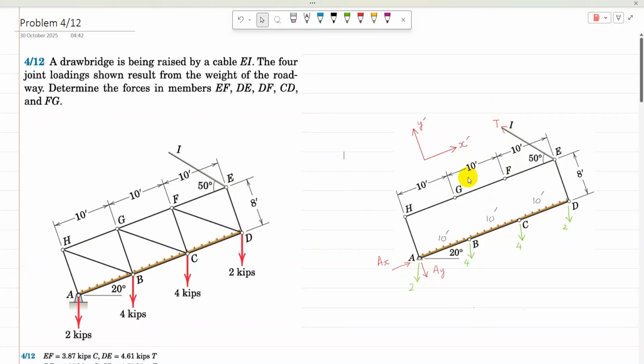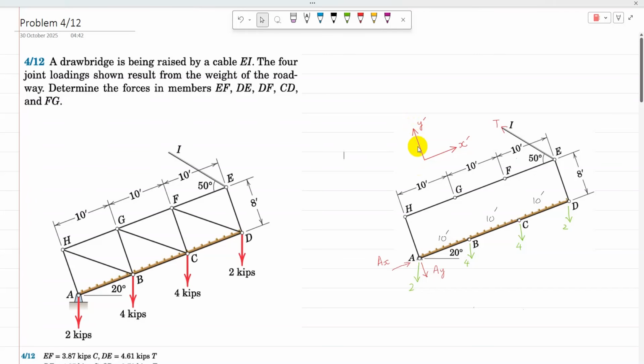In this problem, because most of the sides are along the length of the bridge and the height of the bridge, and the loads are vertical, I am going to assume the reference x-axis along the length of the bridge and the y-axis along the height of the bridge.